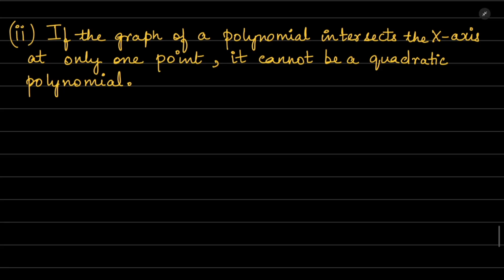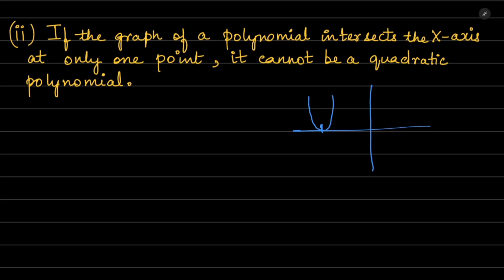If the graph of a polynomial intersects the x-axis at only one point, it cannot be a quadratic polynomial. So suppose you have a graph and there are two zeros, alpha and beta, which are both equal.